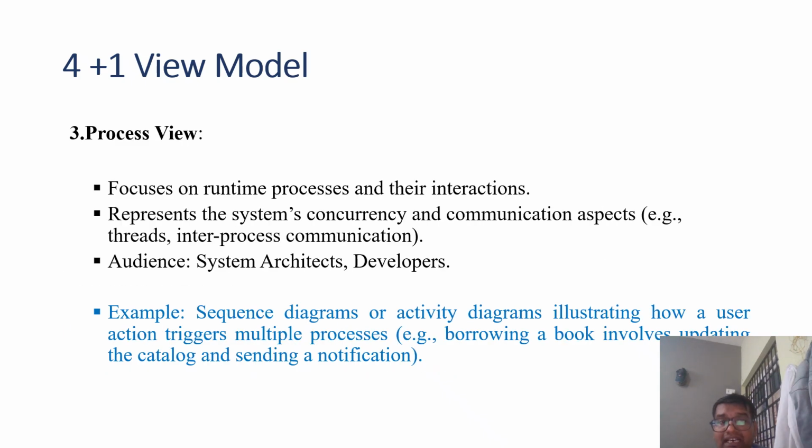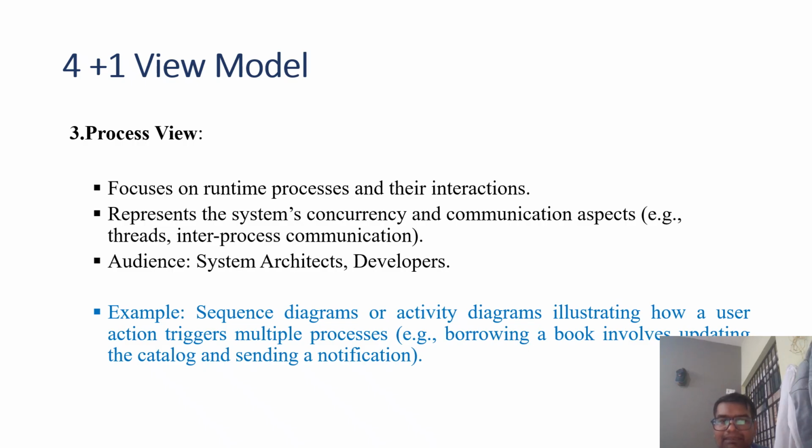And next one is the process view. It focuses on runtime processes and their interaction. It deals with the dynamic aspects of the system, explaining the system processes and how they communicate, and focuses on the runtime behavior of the system. It also addresses concurrency, distribution, integration, performance, and scalability.